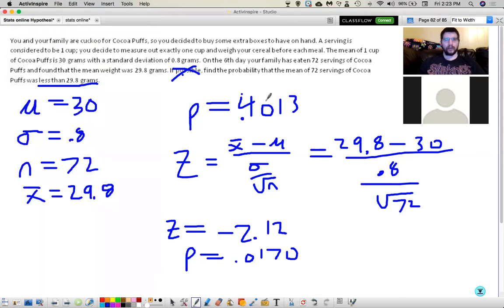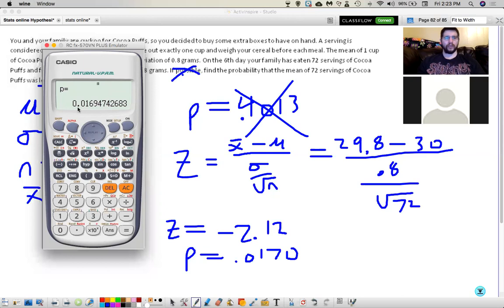So what I actually found was probably that one box of cereal was randomly selected and it had a weight less than 29.8 grams. That would be that probability. That's wrong. It would be this 0.0169 number right here.